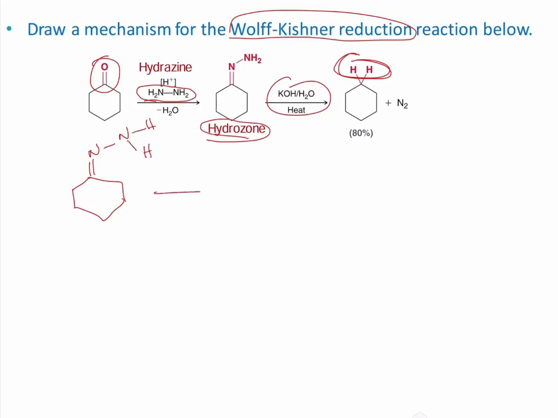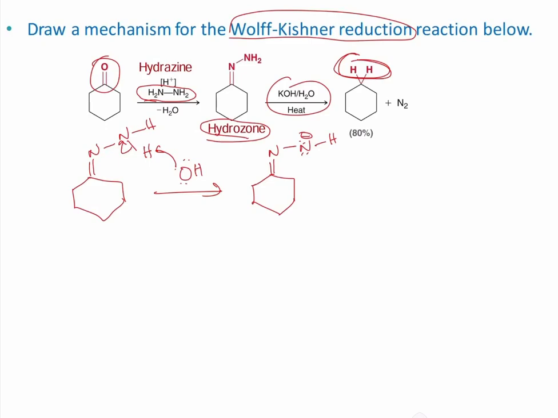So we can start from here, because already we know how this is generated through the imine formation. So in the presence of a strong base, we can do a proton transfer, and those electrons go to the nitrogen, so we end up with nitrogen connected to hydrogen. 1, 2, 3, 4.